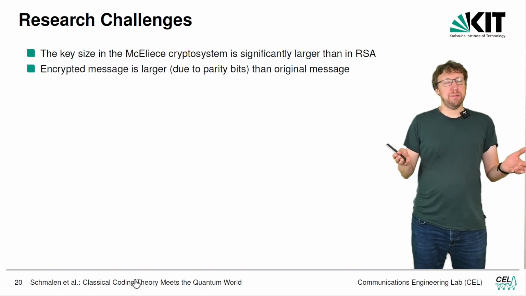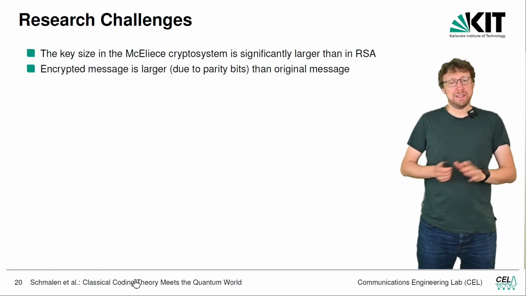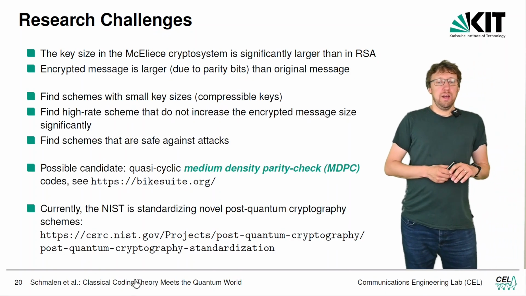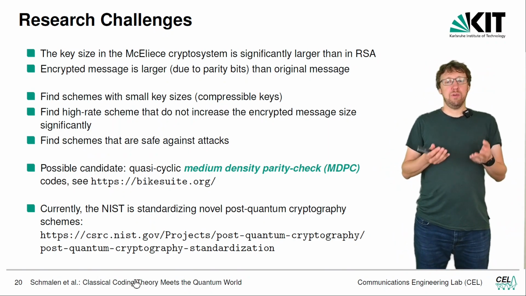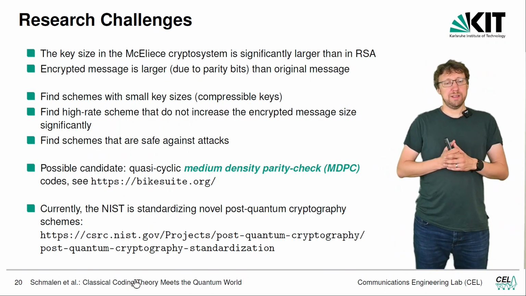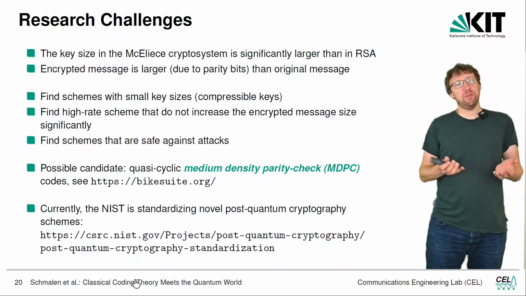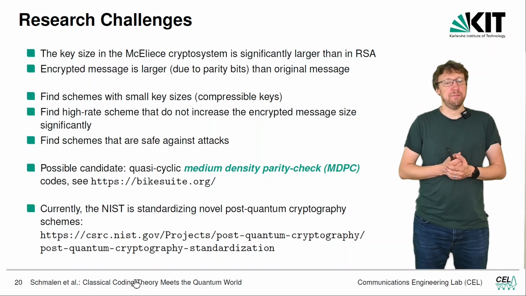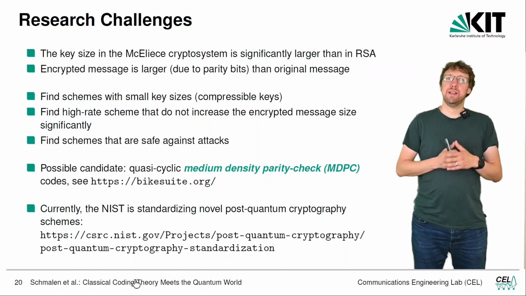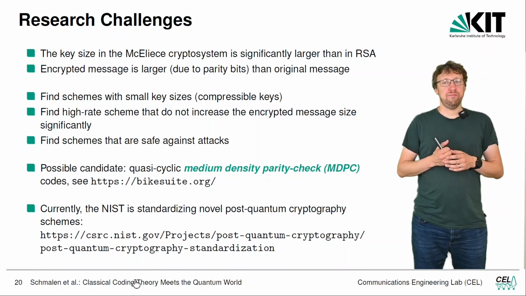There, the encrypted message has more or less the same size as the original message. This means we need to find schemes with small key sizes, meaning compressible keys. We need to find high-rate schemes that do not increase the encrypted message size. And we need to find schemes that are safe against attacks.